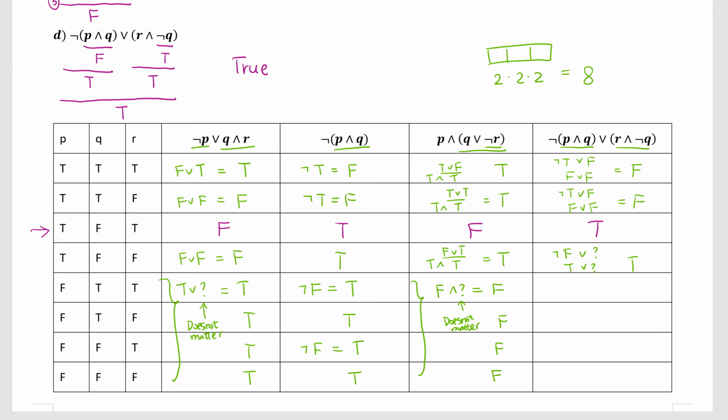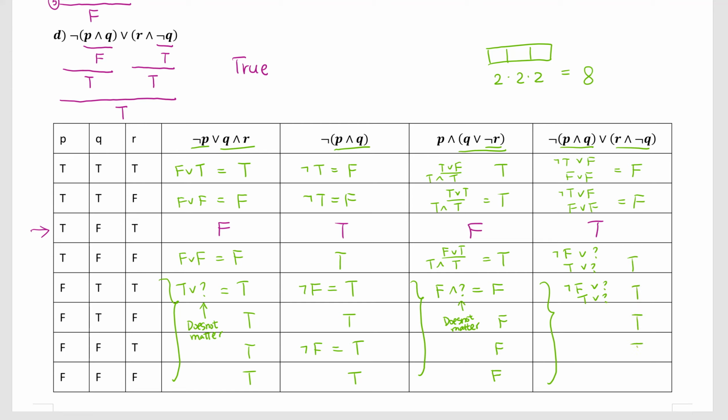Okay, and then next, wow. So actually, for all the rest, because P is false, P and Q is going to be false. And then not false, or something, not false is going to be true, and true or something is going to be true.